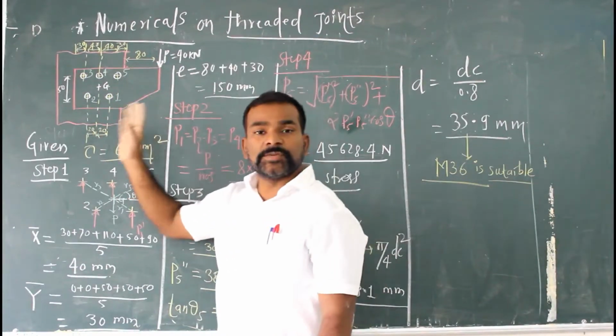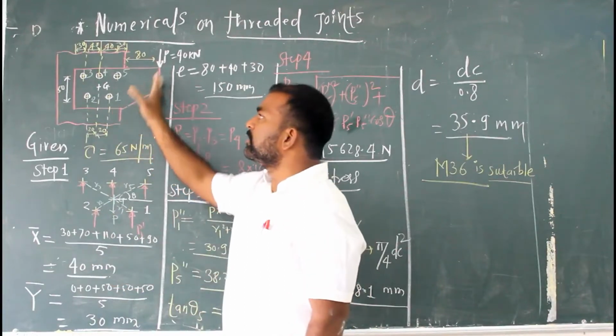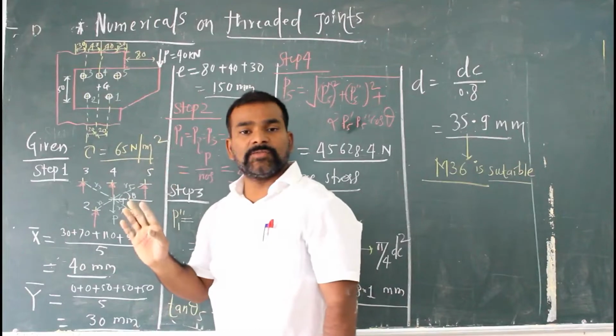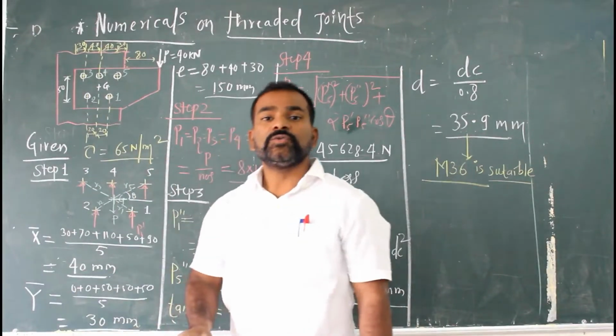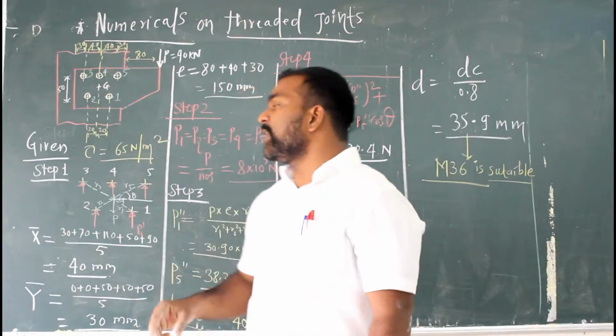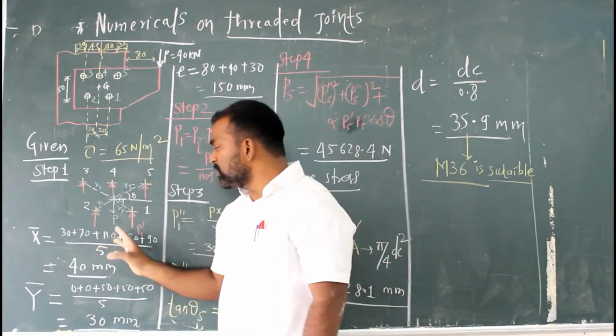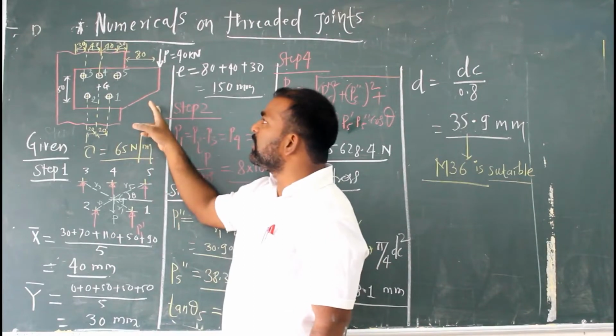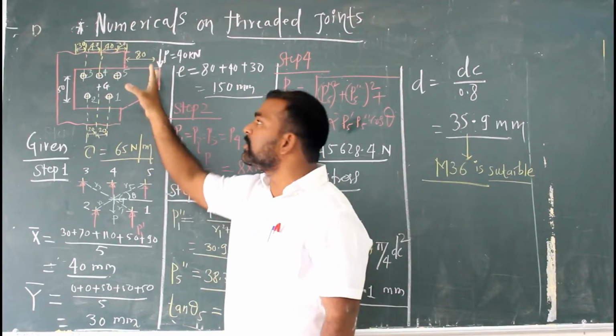Now the first step is always, as I told you, the given data. For the structure, mention all the things. I have written the given data, the shear stress they have given. Now step 1 will be to find the primary force. For that I have made a free body diagram for understanding the 1, 2, 3, 4, 5 bolts. The primary force acts opposite to the direction of the load.